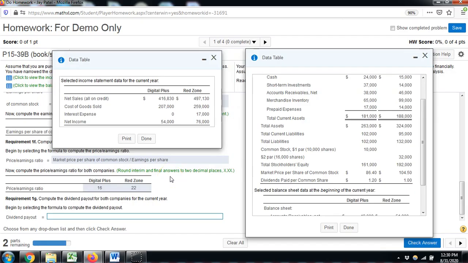So a lot of times in public markets, the price to earnings ratio is extremely high. It could be 100 or more, because the market is thinking that the business is earning, let's say, $100,000 now, but in 2 years it will earn $200,000, and in 3 years it will earn $500,000.